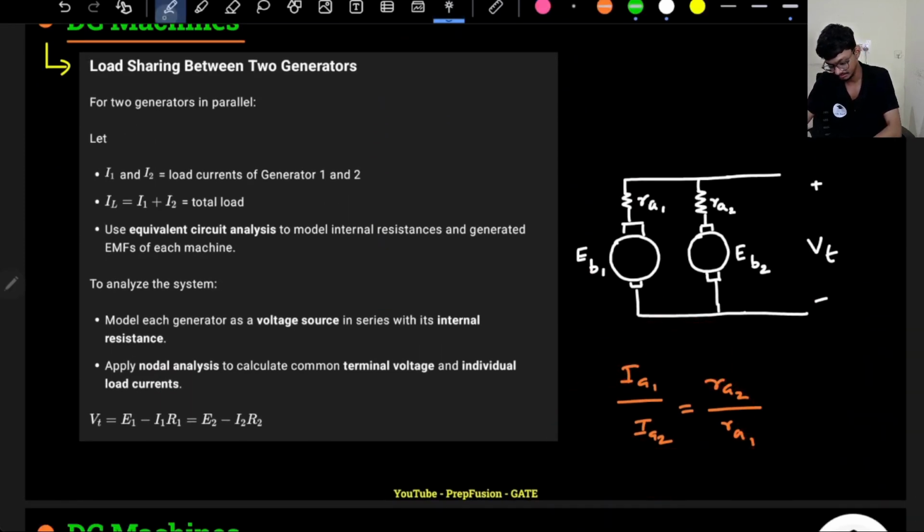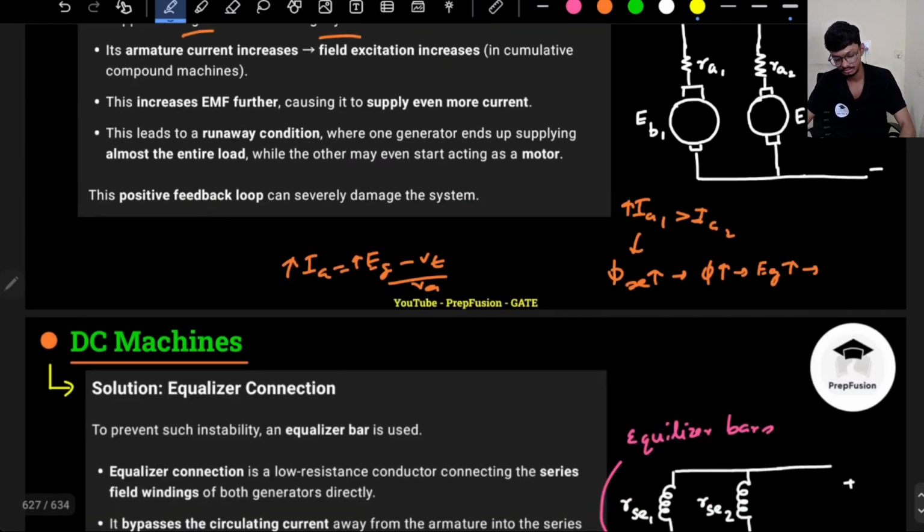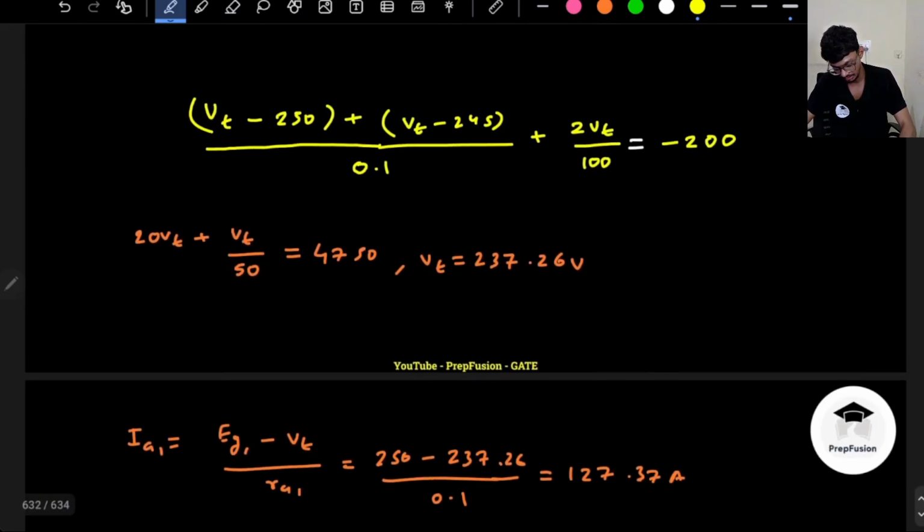So the assumption is that the shunt field windings are not present, or basically Rshunt is infinity. That's why the analysis was simpler.